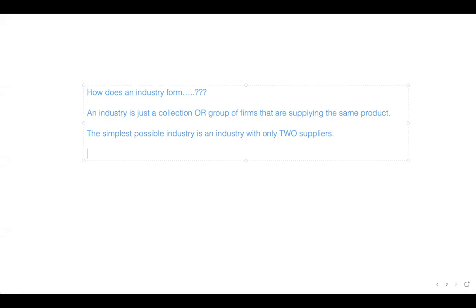So again, if you've read or watched the videos on the joint cost function, then you'll realize that we can take the 2 marginal cost functions of the 2 suppliers, and we can use that to construct a joint cost curve that is basically going to represent the industry supply curve, but there's more to it than that.